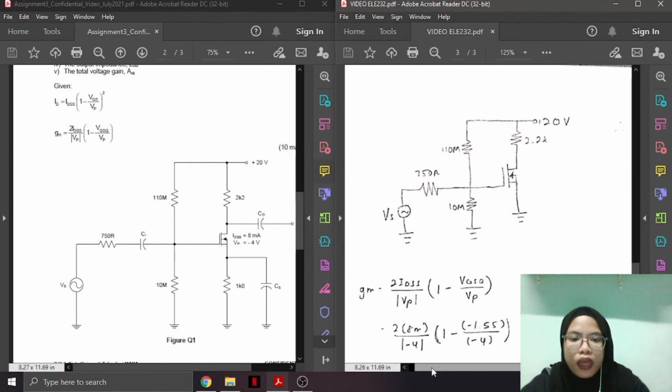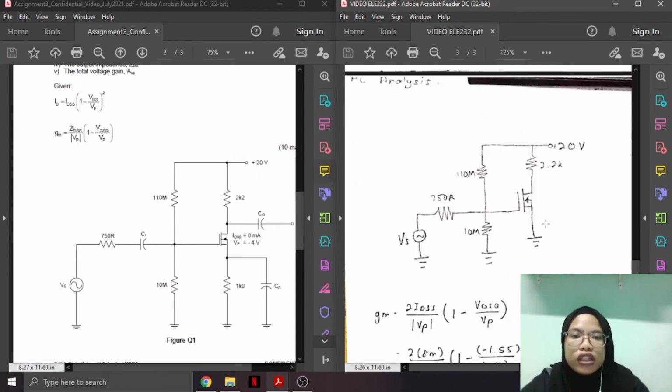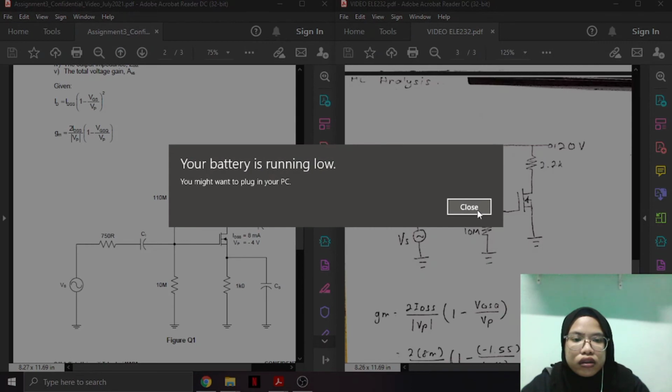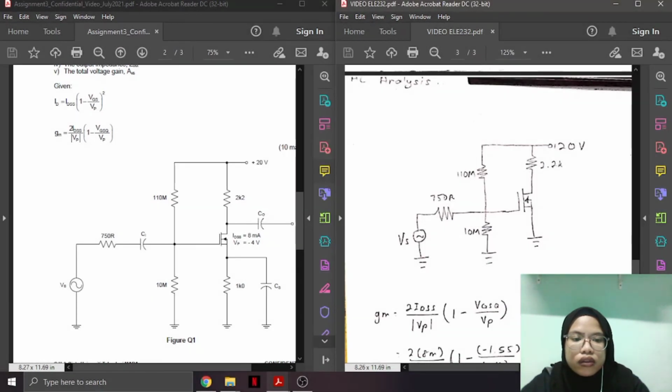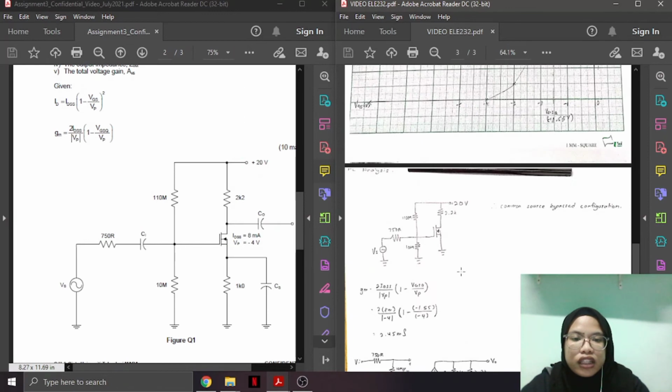What you can see here, we will know the configuration that we will use. From here, we can see that there is no resistor in the source. So we will call this the common source bypass configuration.